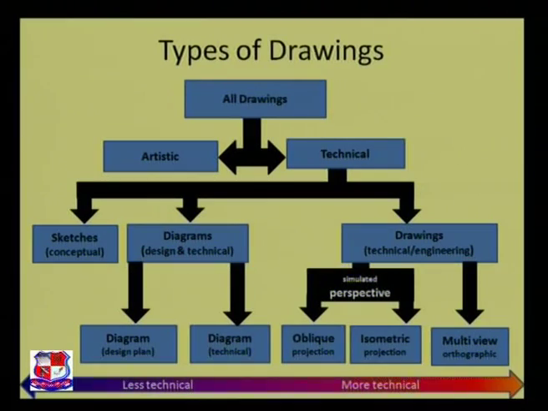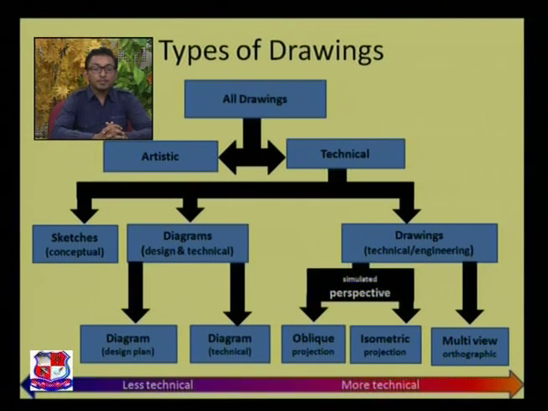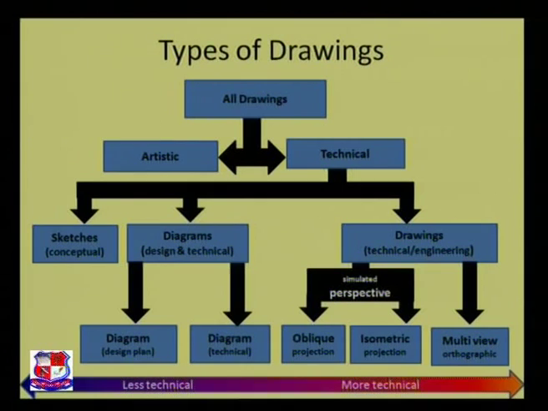Now what is next? It says types of drawing. Over the top, all drawings can be considered as a drawing. We have seen the technical drawing in the first slide. Now we will see a painting of Picasso, and you will say to me, sir, this is also a drawing.